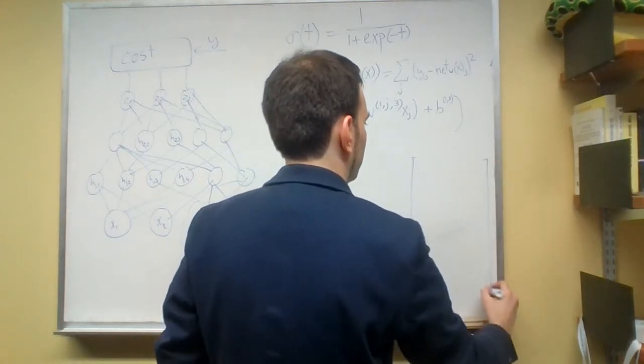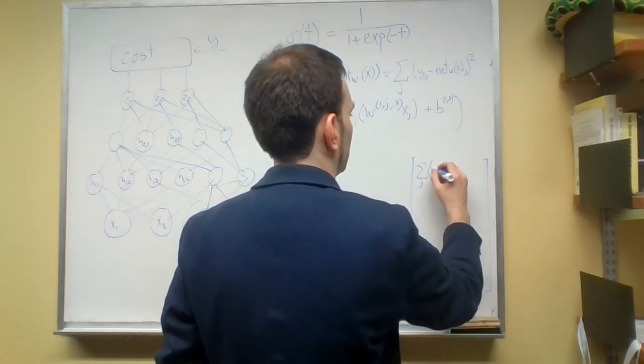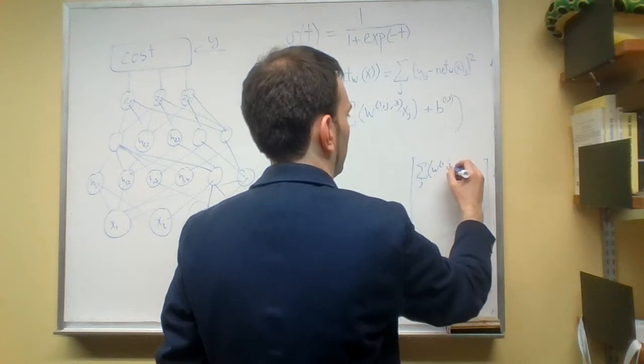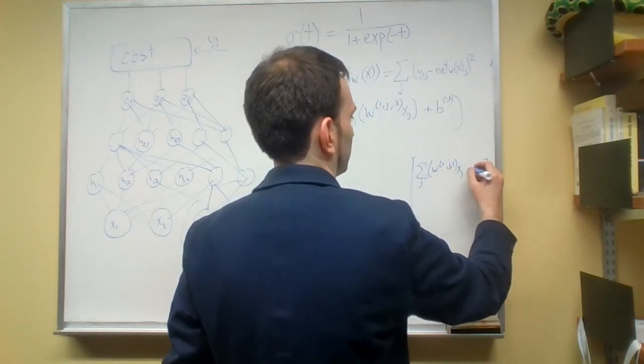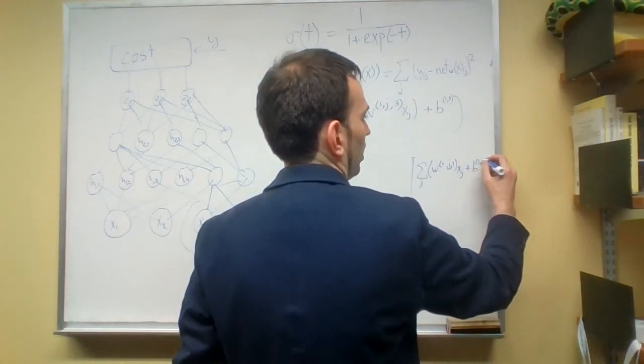It will be the sum over j, w1j1 xj plus b11.